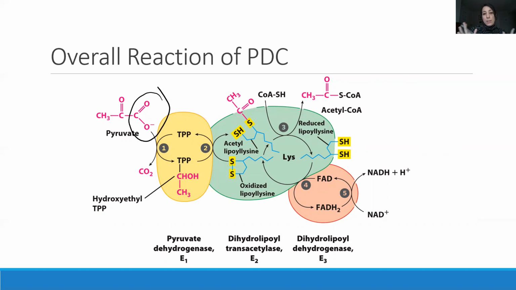Remember, pyruvate is going to decrease down to a 2-carbon molecule. And in doing this, this carbonyl carbon is going to be the one that attaches to our TPP. That temporarily becomes this alcohol molecule, which is then carried through into our second complex E2.